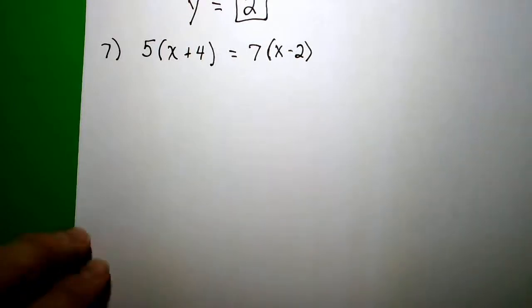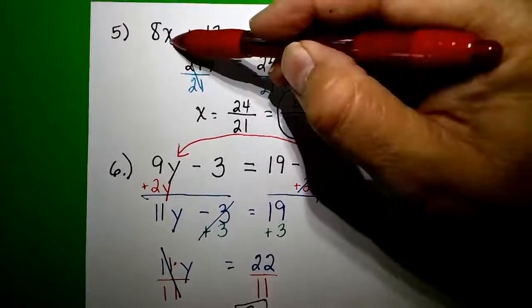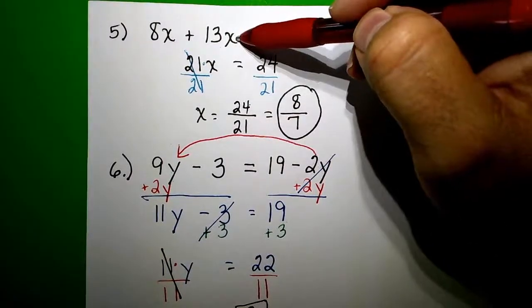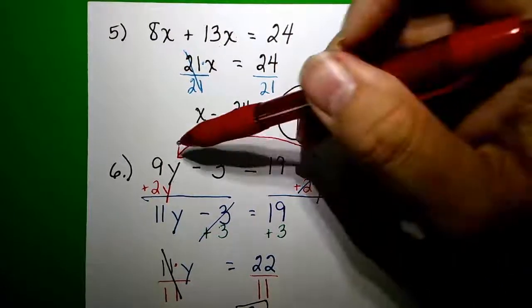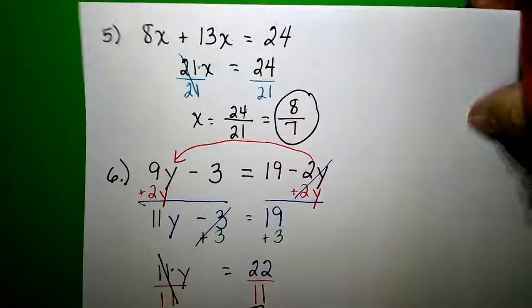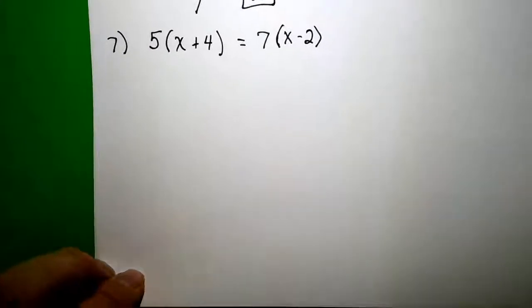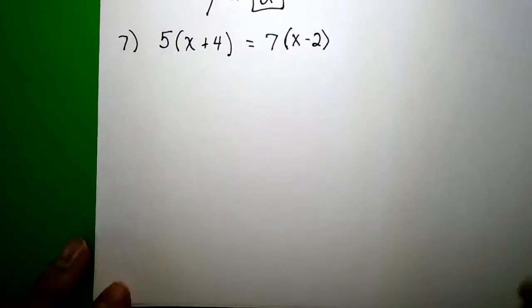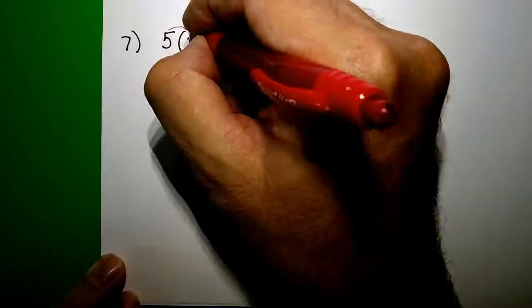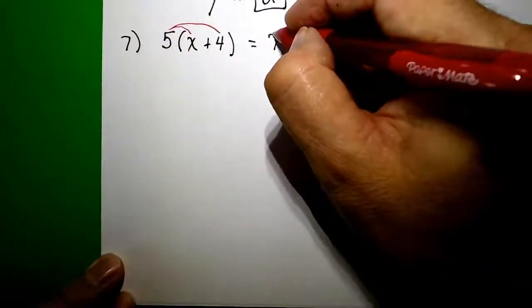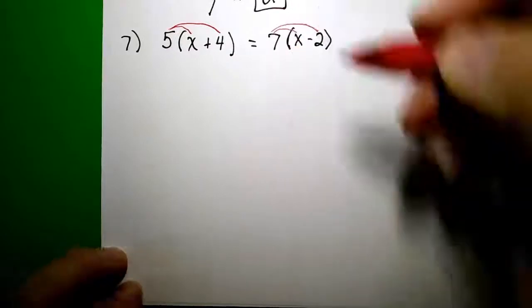Well, we know how to handle it if there's two x's and they're on the same side. Just combine them. We know what to do if there's a variable on each side. Well, here there's parentheses. Have we discussed how to get rid of parentheses?